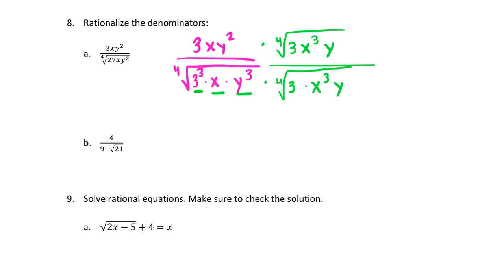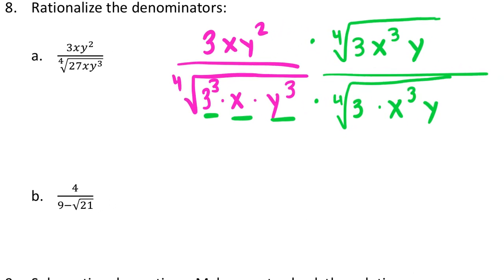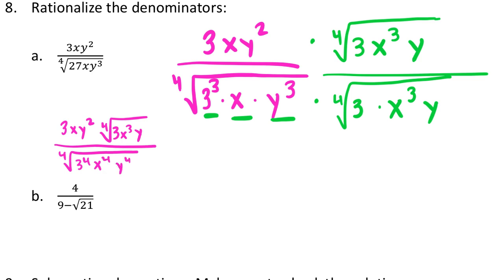Okay, now once we've done that, we can maybe write smaller next time. Just kidding. We have 3xy squared, fourth root of 3x cubed y, all over the fourth root of 3 to the 4th, x to the 4th, y to the 4th.